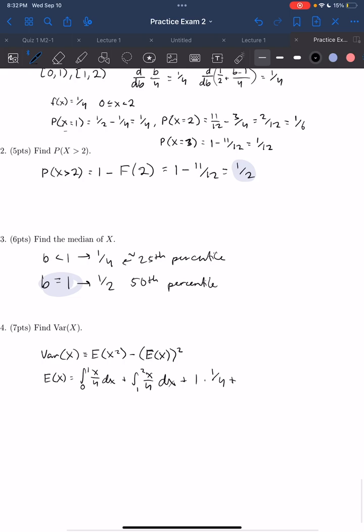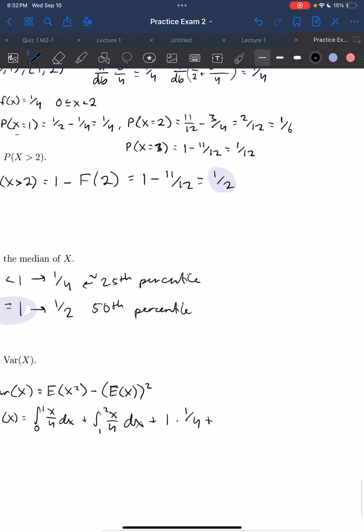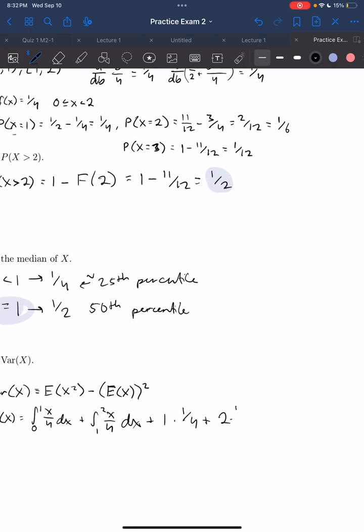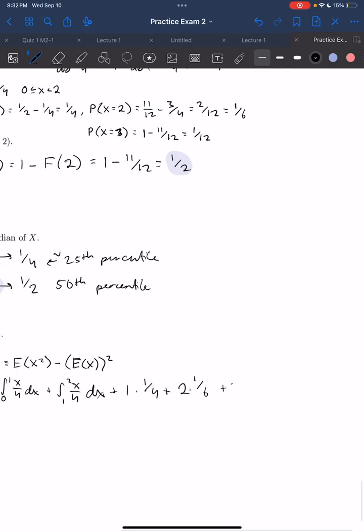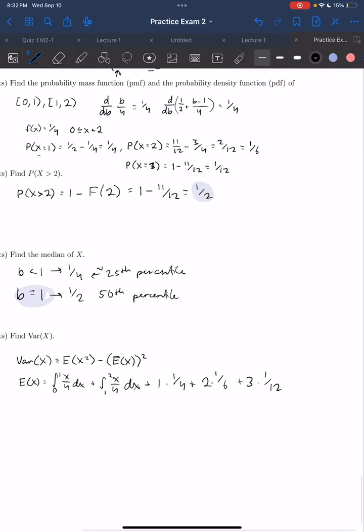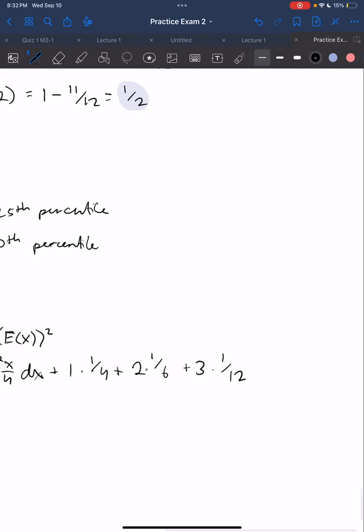Then plus when x equals 2, we have times 1/6, and then when x equals 3, we have times 1 over 12. Why did I say point? 1 over 12, 1 over 6, yes. Okay, and then if we add all of this together, we should get 4 over 3.